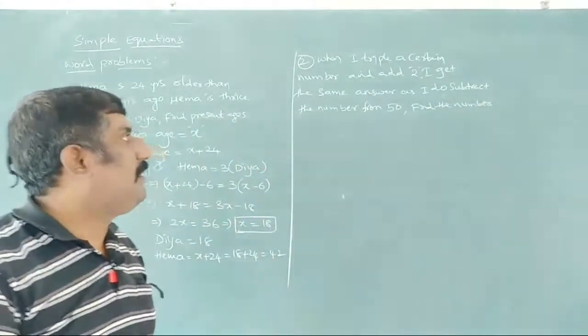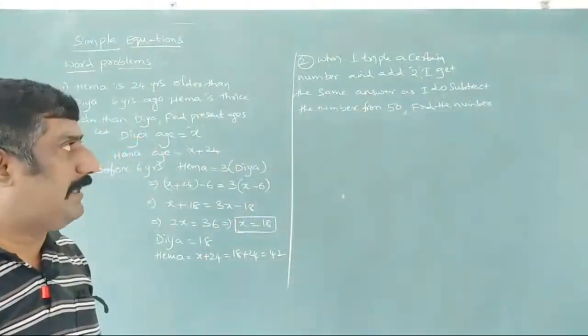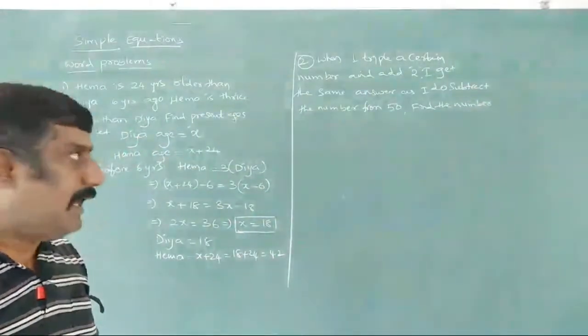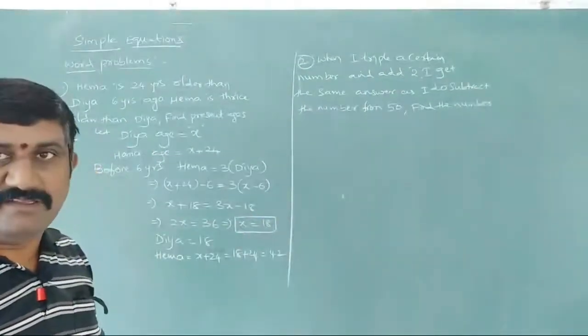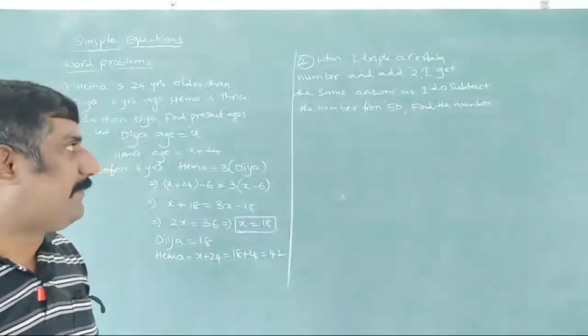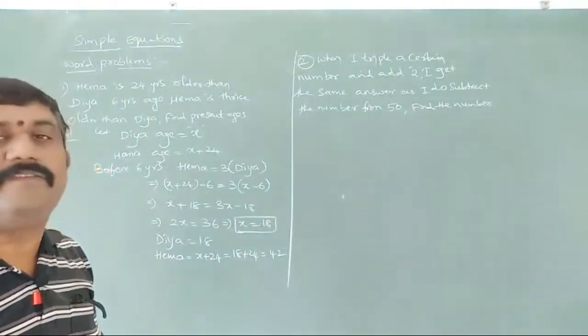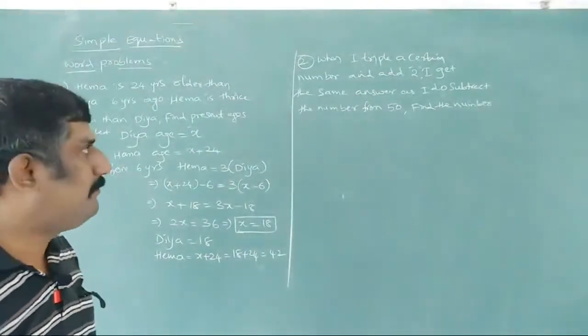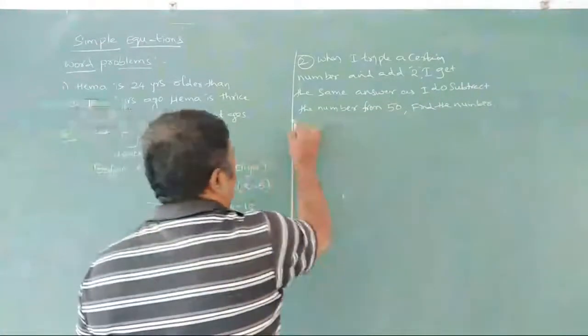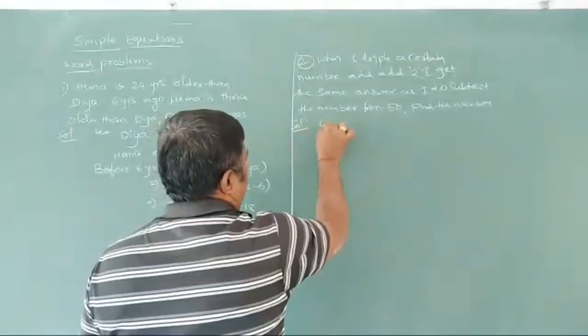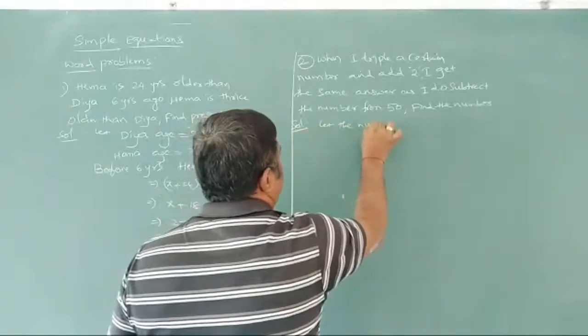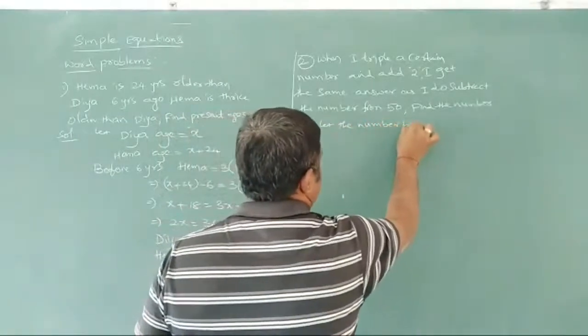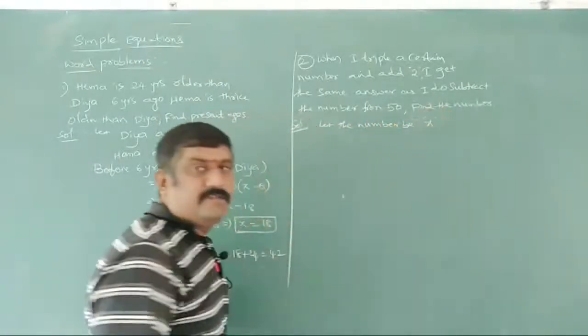Observe the problem. When I triple a certain number and add it to 2, I get the same answer as I do if I subtract the number from 50. Find that number. Let the number be x.